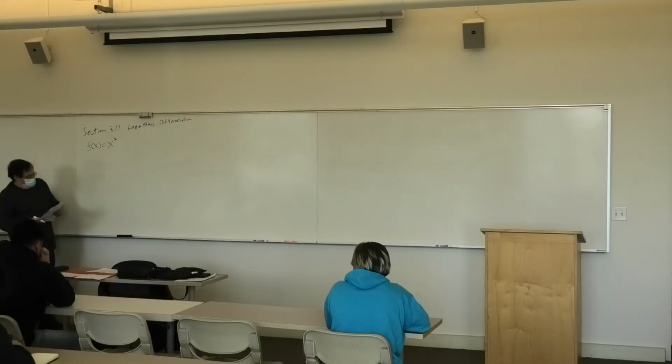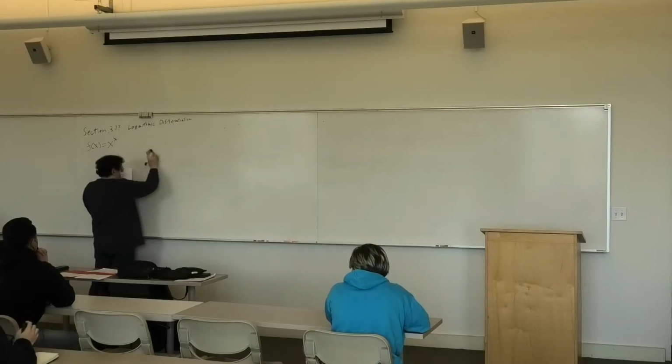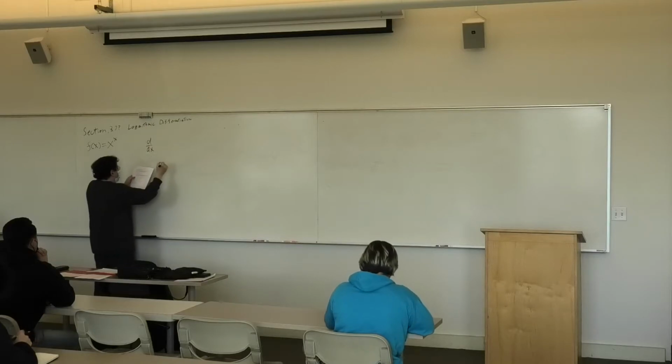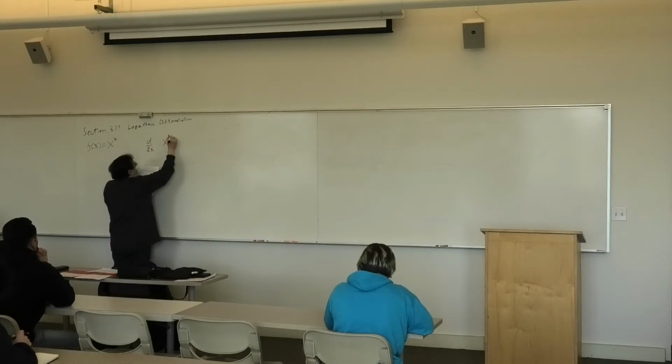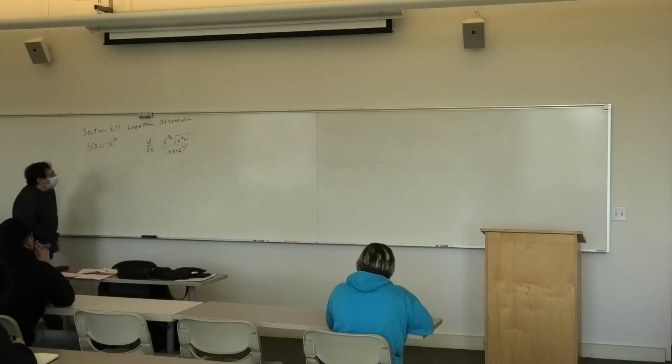So let's first take a look at one of those. Say we have a problem of finding the derivative of x to the 3/4 times the square root of x squared plus 1, over 3x plus 2 to the fifth. What a nightmare.